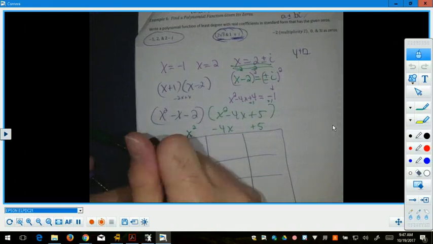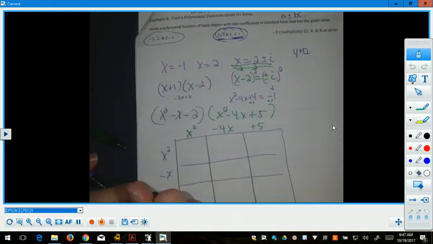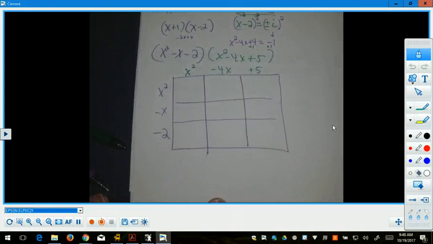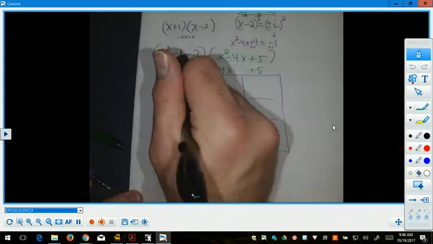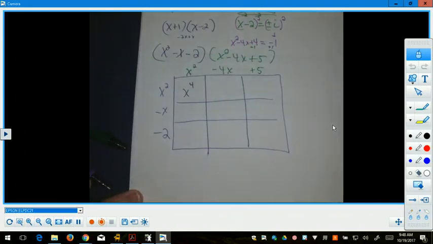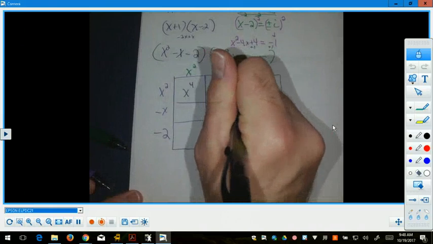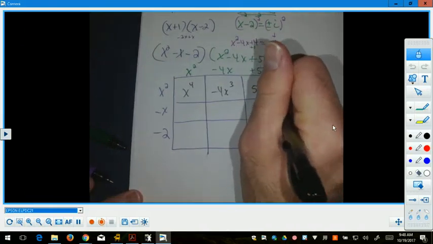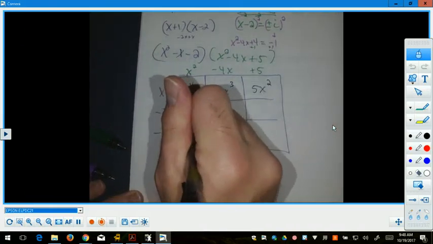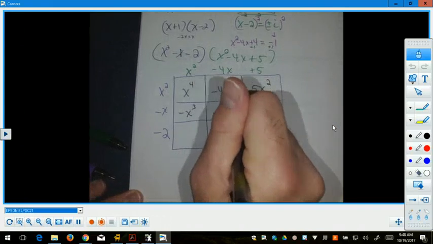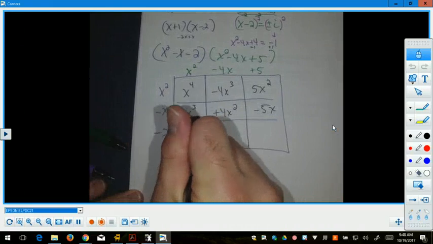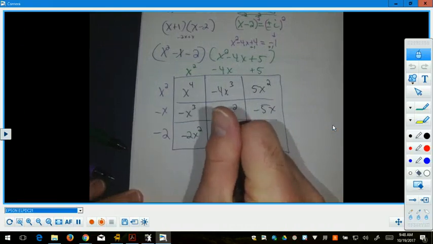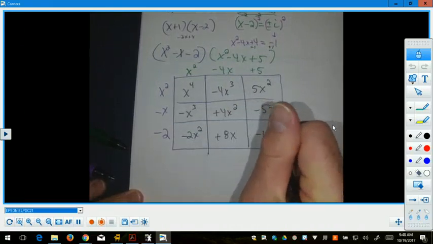And my x squared minus x minus 2 here. So now I have x to the 4th, negative 4x cubed, positive 5x squared, negative x cubed, positive 4x squared, negative 5x, negative 2x squared, positive 8x, and negative 10.